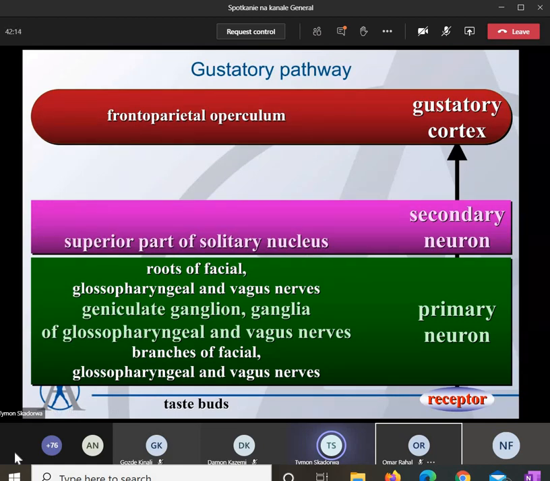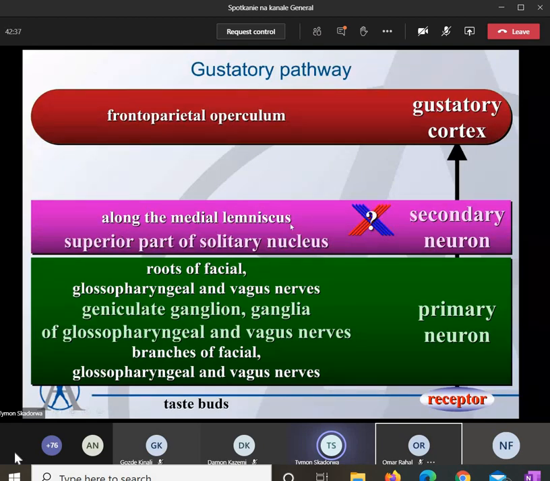The solitary nucleus has two parts. The superior part is known as the gustatory nucleus, because its function is the sense of taste analysis. So the fibers of the solitary nucleus run along the medial lemniscus.